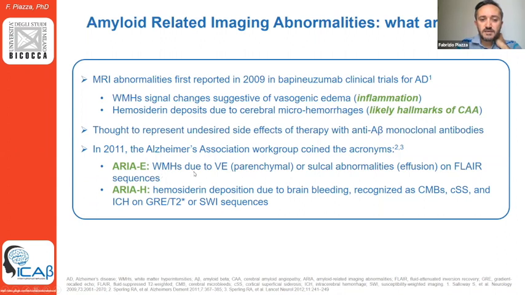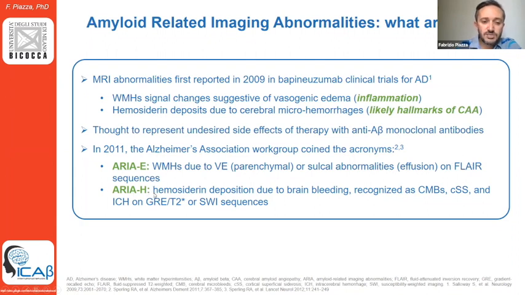As I said, it represents vasogenic edema, so inflammation in the brain parenchyma of these patients, and sulcal effusion, so the release of proteinaceous fluid, again likely related to inflammation, on specific MRI sequences called FLAIR sequences.